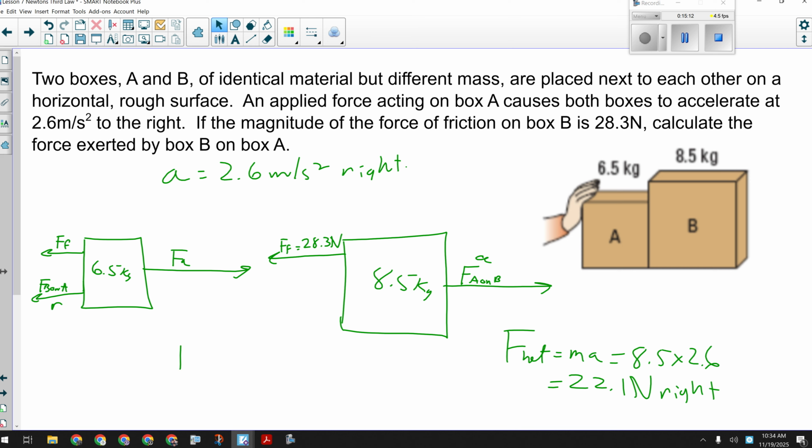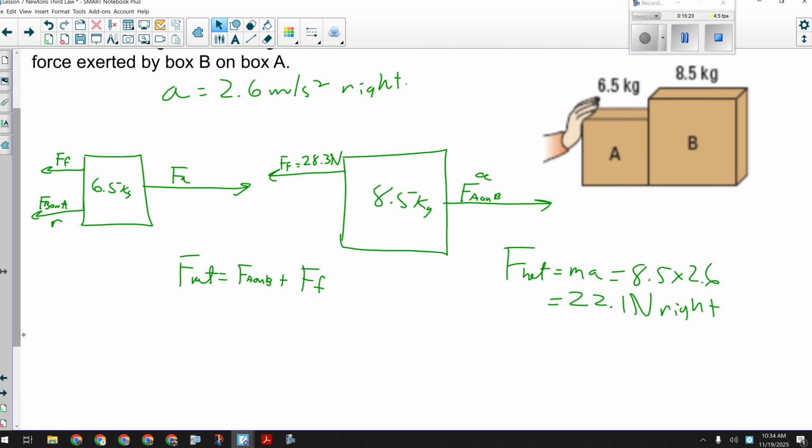Now, vector sum of all forces, like we do for any other problem. Force of A on B plus the force of friction. So if I want to find the force of A on B, I subtract the force of friction. So F net minus F_f equals the force of A on B. So that will be 22.1 newtons minus negative 28.3 newtons, because it's backwards.